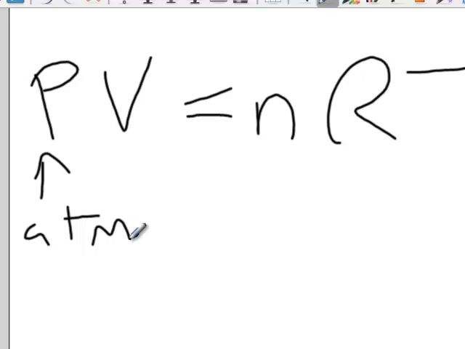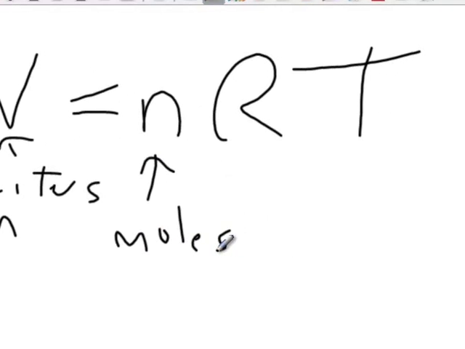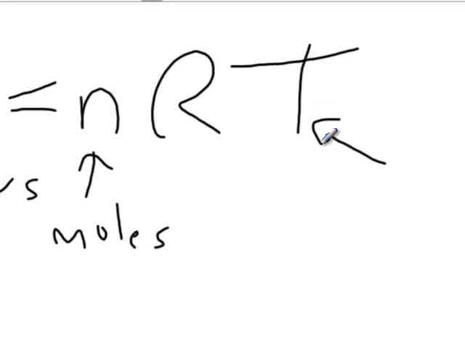V is the volume, and the volume has to be in the unit liters. N is the number of moles of the gas, and T is the temperature, and the temperature, just like in the combined gas law, has to be in kelvins.